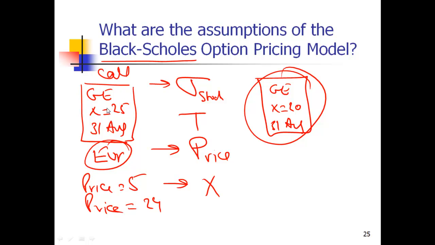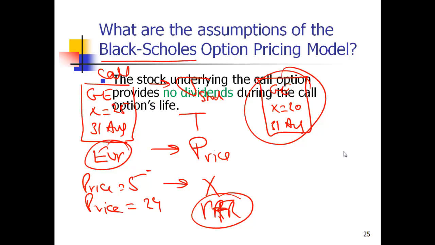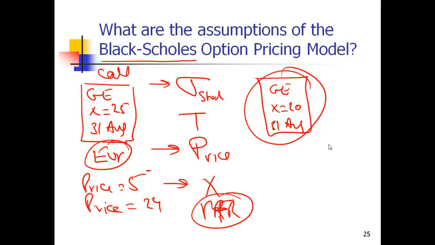Okay, so you need to think about what's going on. Now, just as a side remark, another variable that also plays a role is the risk-free rate. Just take that as a given for now. Can you remember these five?